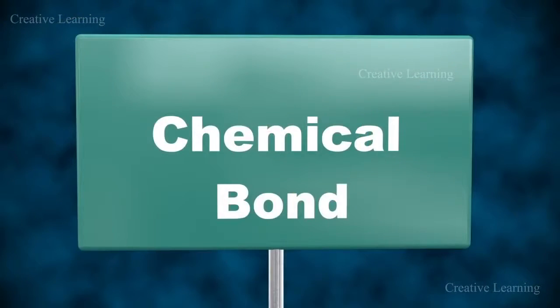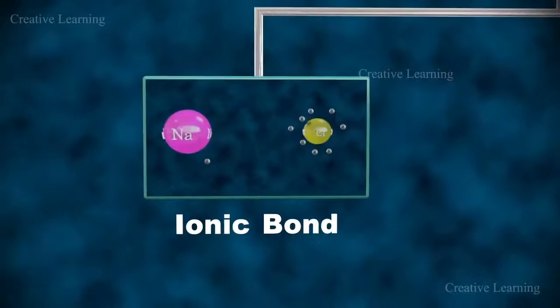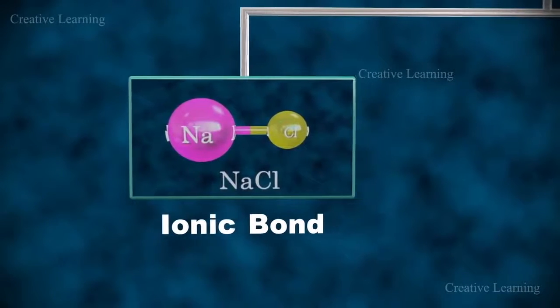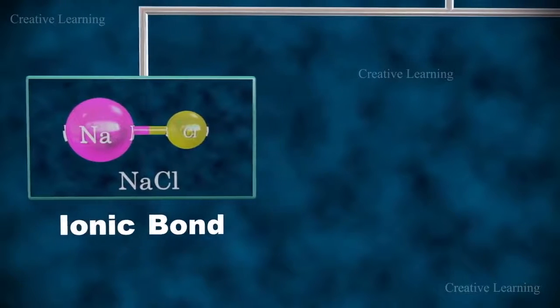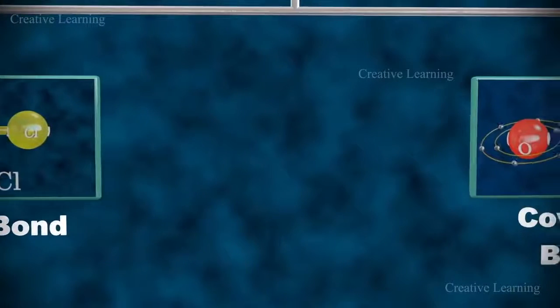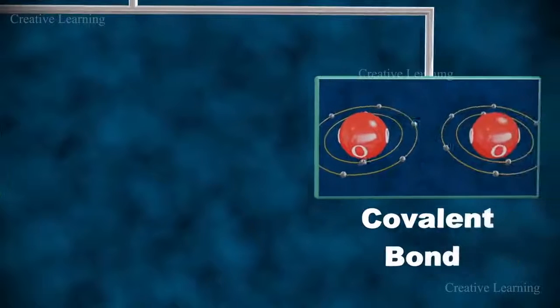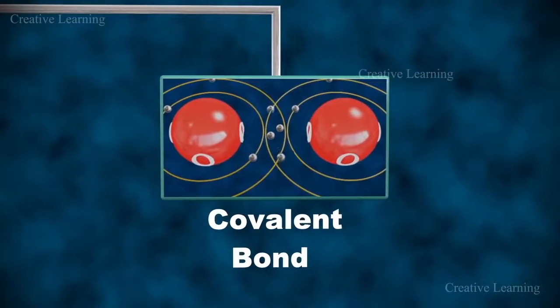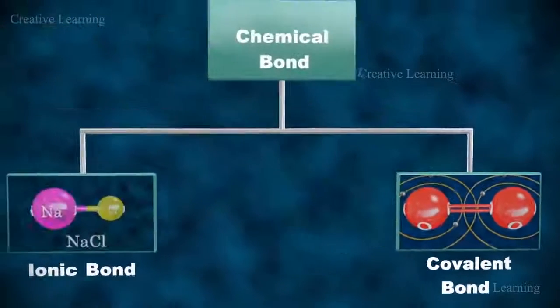The chemical bonds are broadly classified as ionic bond and covalent bond. Let us discuss these chemical bonds in detail in this module.